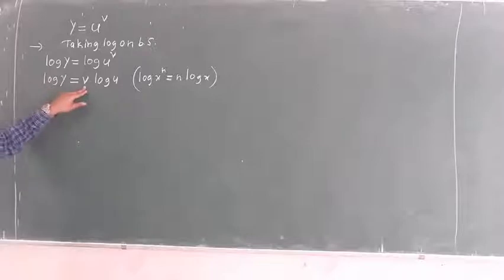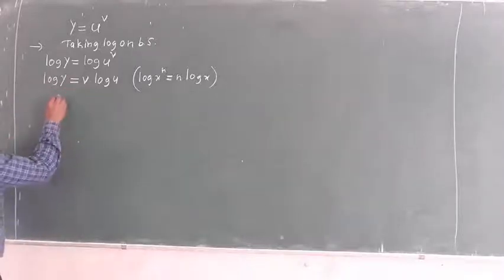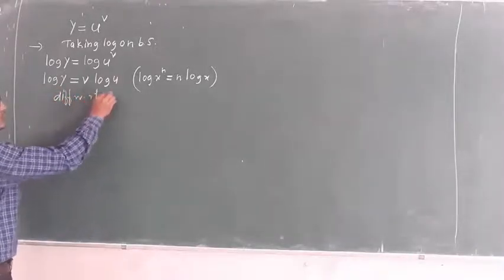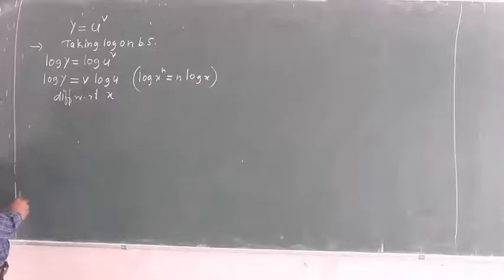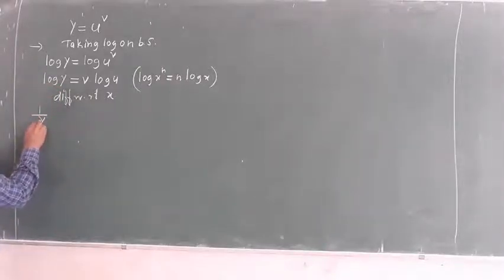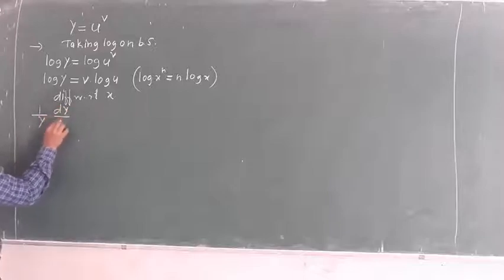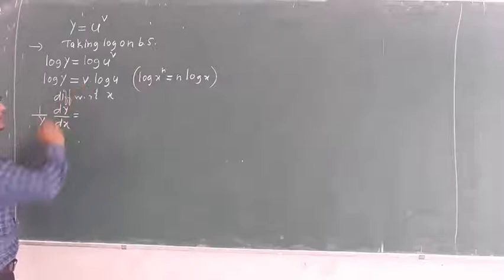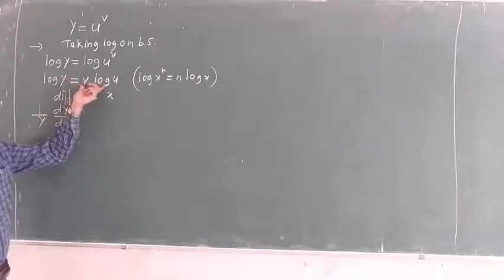Once we apply the logarithmic property, the next step is to differentiate with respect to x. The derivative of log y is 1 by y into dy by dx, which is equal to v into log u. This is a product of two functions, so you apply the product rule.